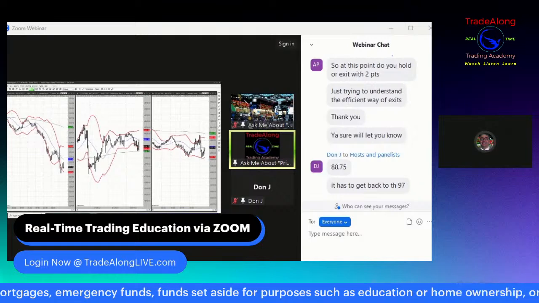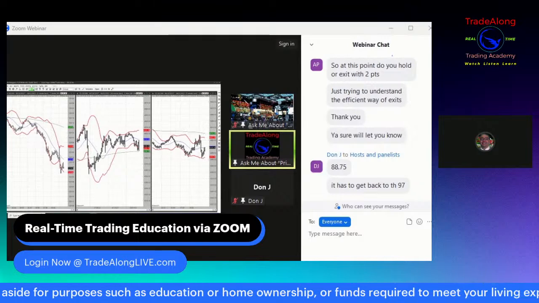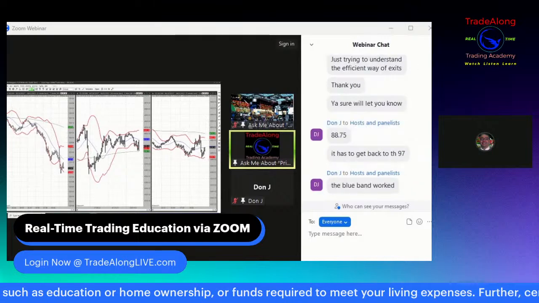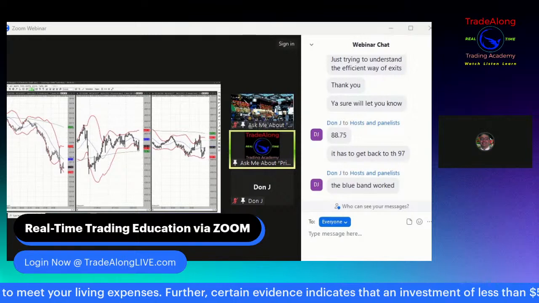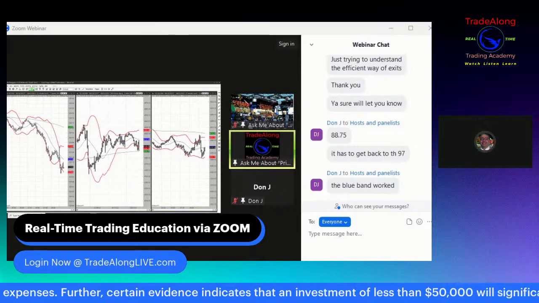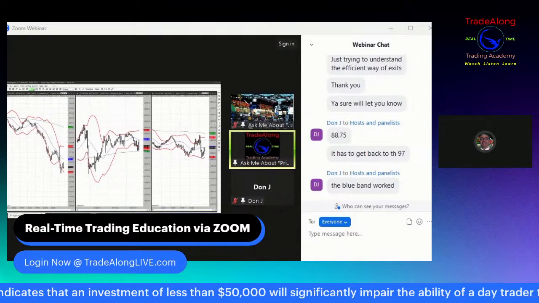And it did work. It was a nice little trade if you did jump in on the blue band opportunity as well.